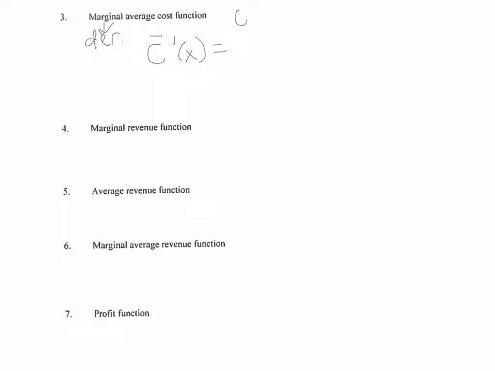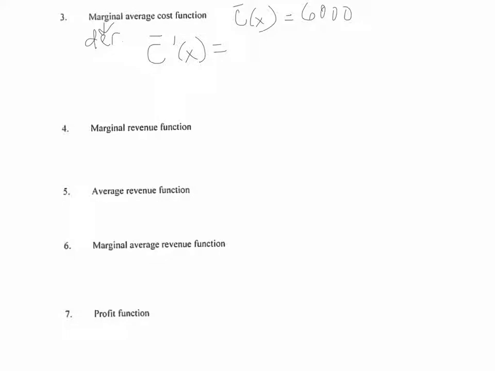Now, I'm going to copy down what we just got for the average cost function. We had 6,000 over x. Now, since I know I'm going to be taking the derivative, do you think it's a good idea to leave the x in the denominator, or do I want to go ahead and rewrite it?